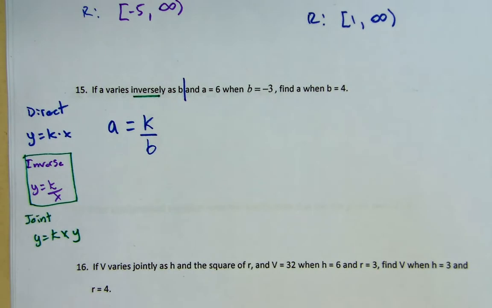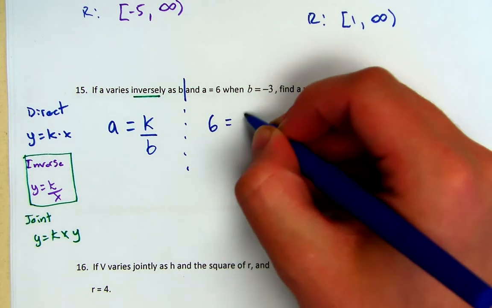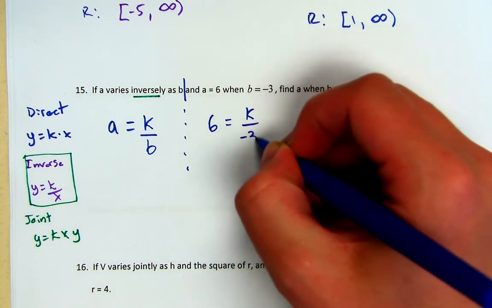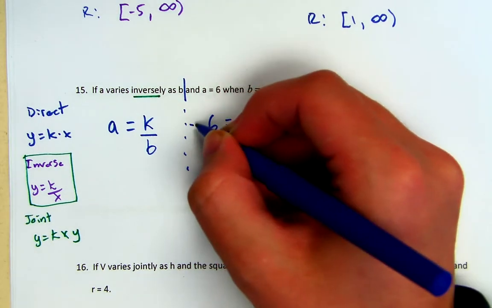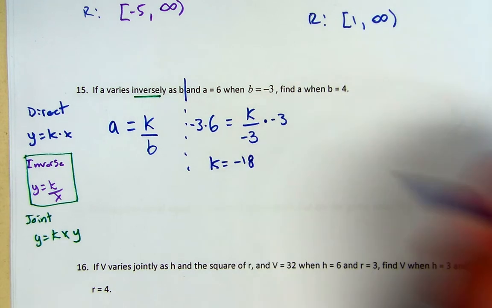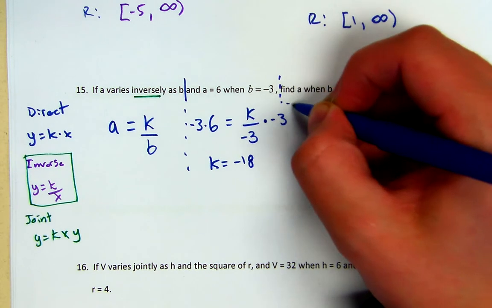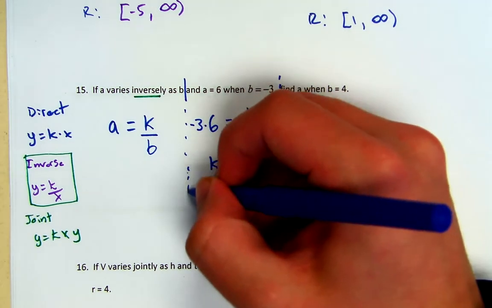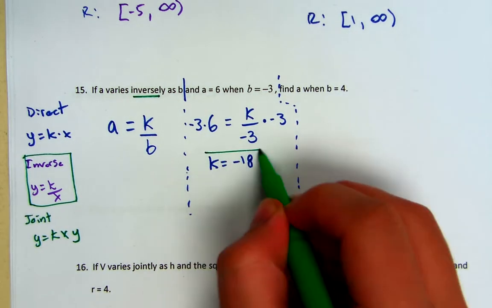Now we're given what they are, so now let's solve that. A is 6, K we don't know, B is -3. Multiply both sides by -3 to get rid of the -3 on the bottom. So K equals -18. Well, now it's telling me find A when B is 4. Well, I found K now.